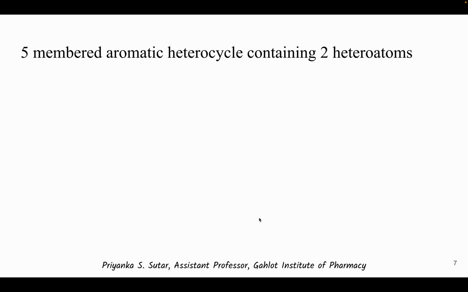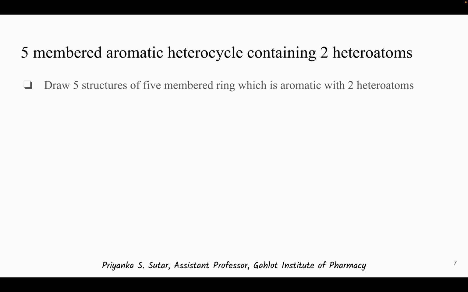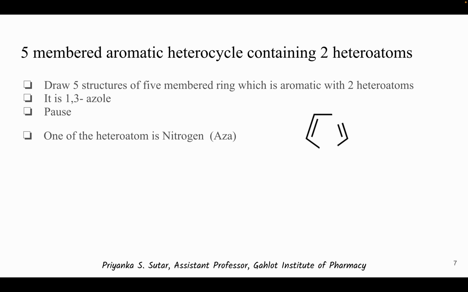Now let's have a look at the third heterocycle. It is a 5-membered ring which is aromatic and contains 2 heteroatoms. Both heteroatoms are at first and third position. Pause the video and write the structure. It must be looking like this, right? 1,3, and as it is an azole, obviously one of the heteroatoms must be nitrogen.